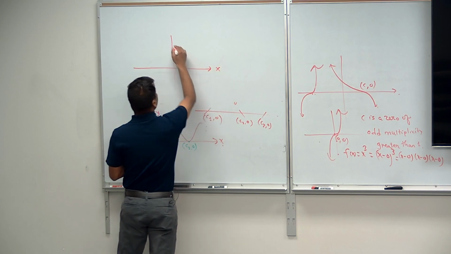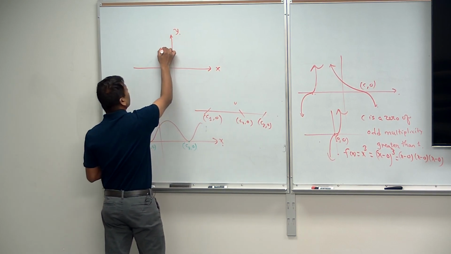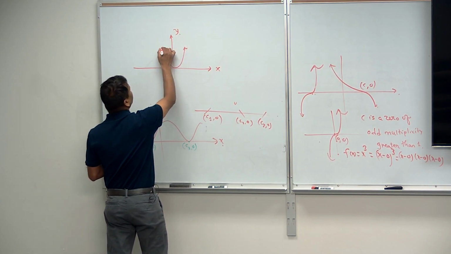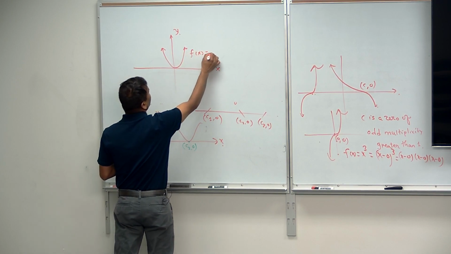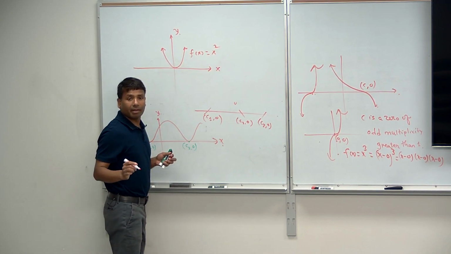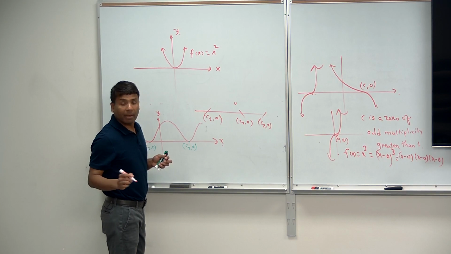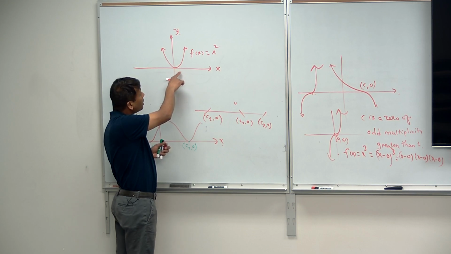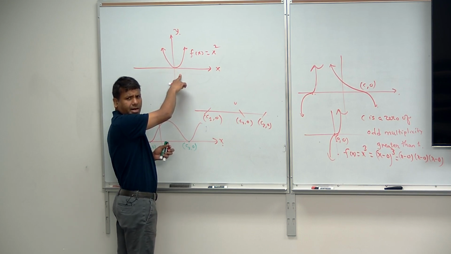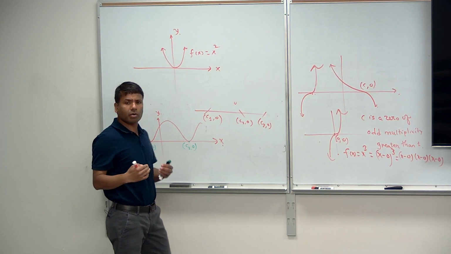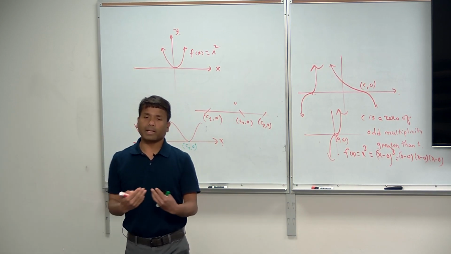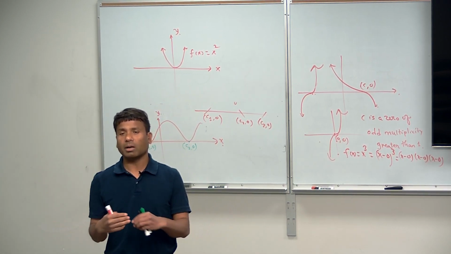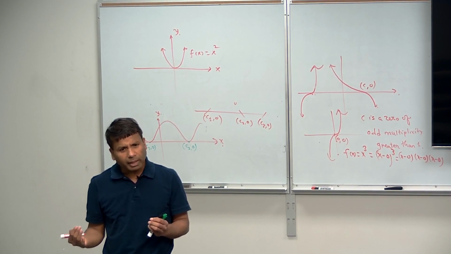So this is the x-axis, this is the y-axis. Look here, this is the graph of the function f(x) equal to what? x squared. Is that right? And the graph, you see, it touches the x-axis at the point 0. Or in other words, the x-axis is tangent to the graph. Make sense?